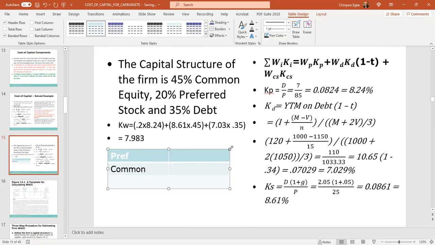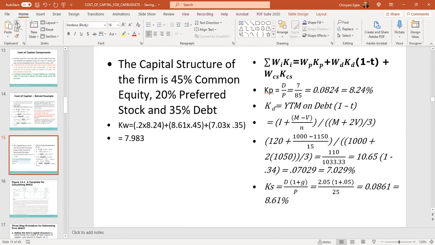I think I need a table with three parts, not only two parts. You have common, you have debt. I find a limitation today of PowerPoint.